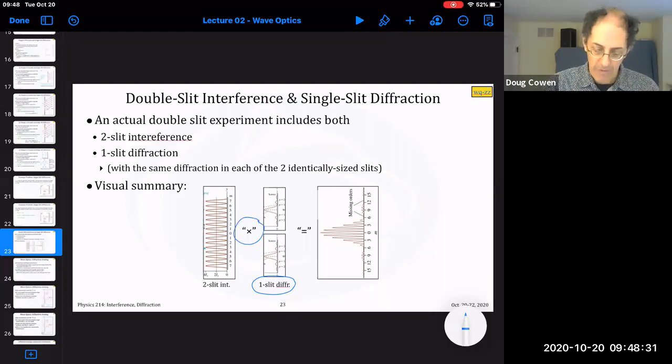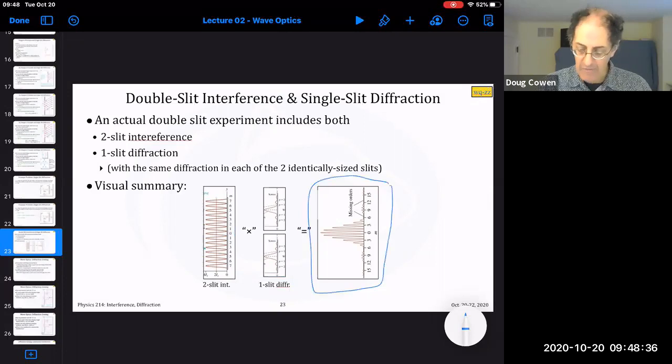And what we end up with is this final pattern here, which has the 2-slit interference pattern underneath. That's the fast wiggles here as it goes back and forth. Underneath what's called an envelope. So I'm drawing it on here. Here's the envelope due to the diffraction pattern.